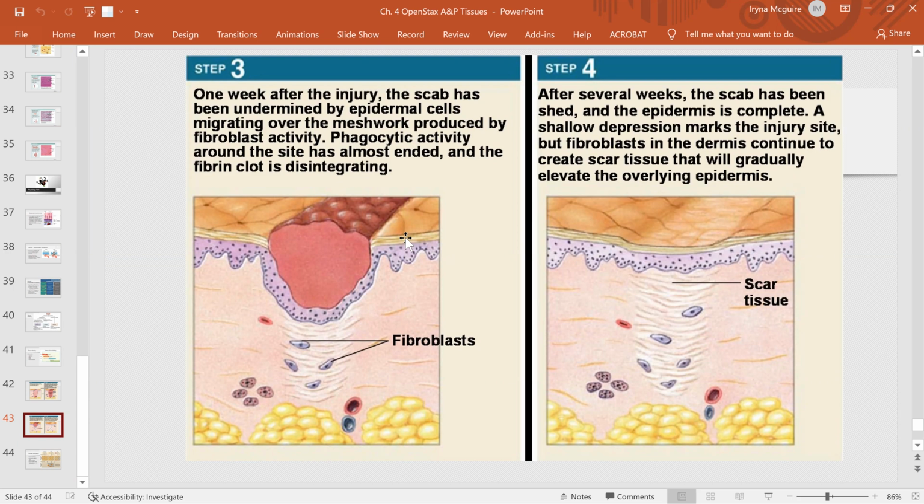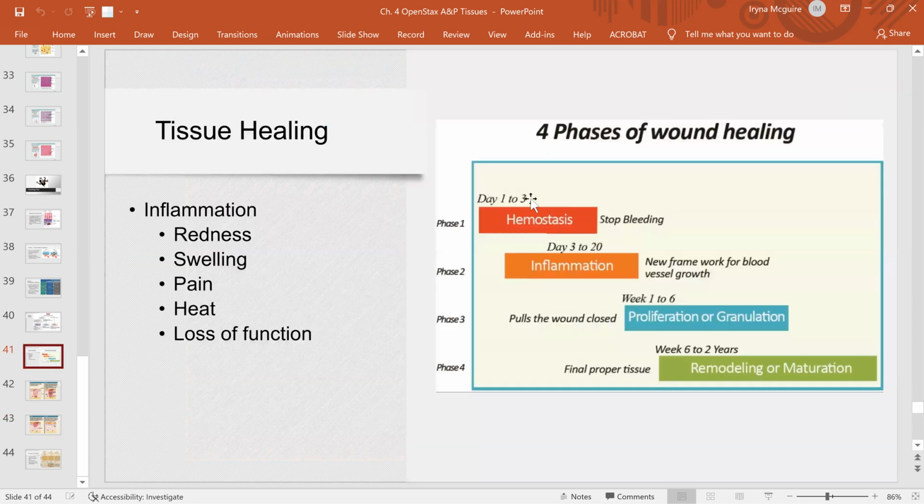So how your skin will heal after injury, it will have regeneration of epithelium on top of scar tissue, right? And that will be tissue repair, right? So that's what we have. We had our bleeding first, then we have hemostasis, stop bleeding.